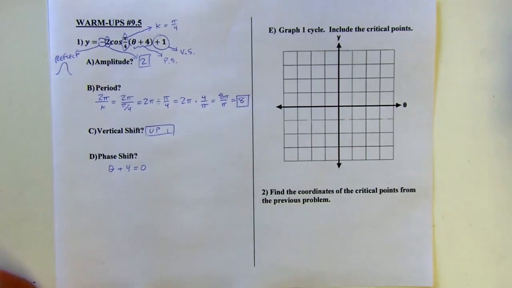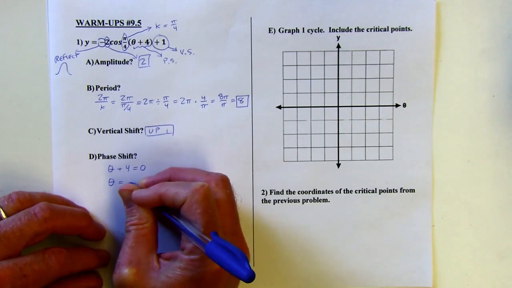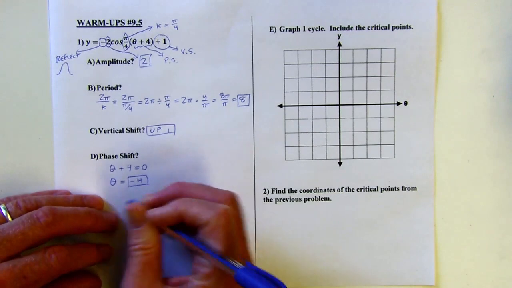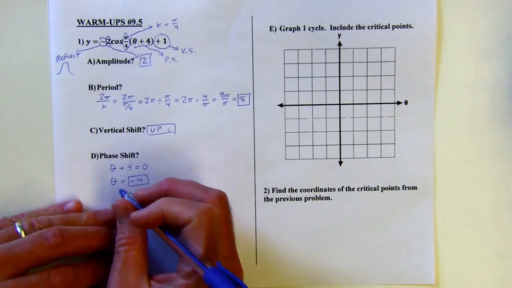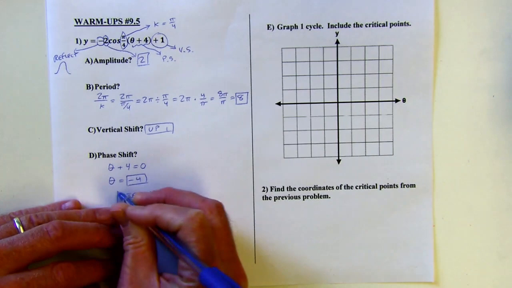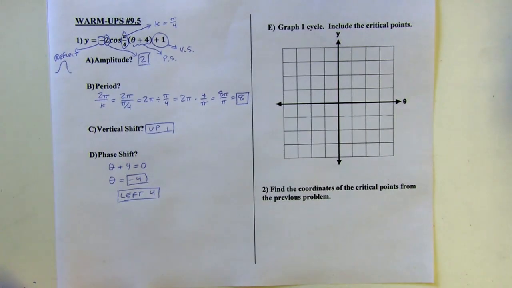And then I'm going to solve for theta, so I'm going to subtract 4 from both sides here. So my phase shift is going to be negative 4. You could write it like that, or that means we're going to move to the left 4. Okay, left 4 units.